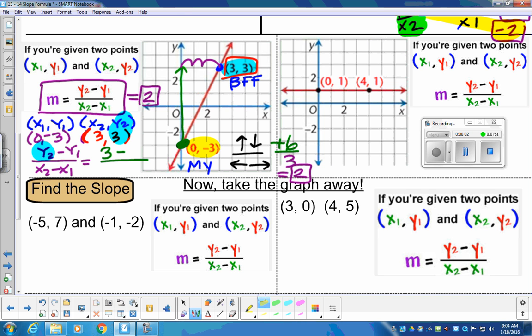My y1 value is, be careful on this now, a negative 3. So I'm going to put a negative 3 in that spot. Watch your signs there. As I continue to work on, my x2 value is 3. So I'm going to put a 3 in this spot. And my x1 value is 0.